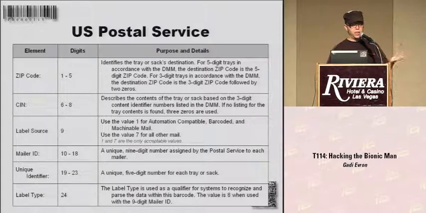You have a mailer ID, which is unique, and I'm coming to that in a minute, a unique identifier for the shipment, and a label type, and that is about it. I don't see any authentication. I don't see any way you can prove that this is your mail or this wasn't your mail.